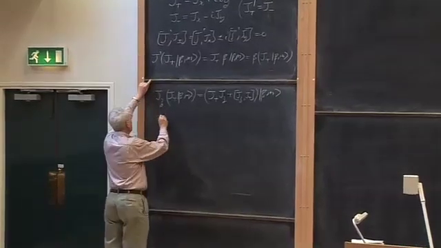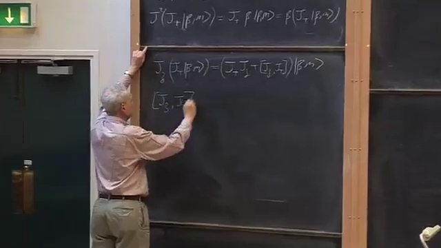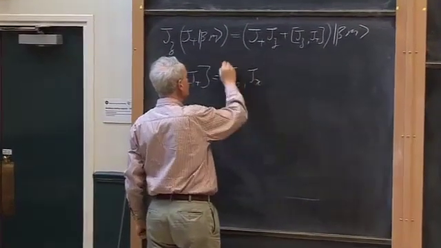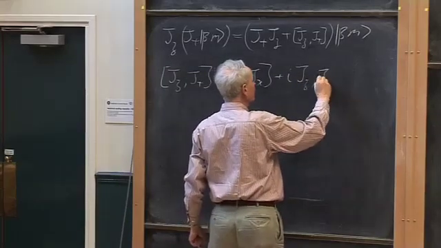All right. So what is Jz comma J plus? Well, it's Jz comma Jx plus i Jz comma Jy.